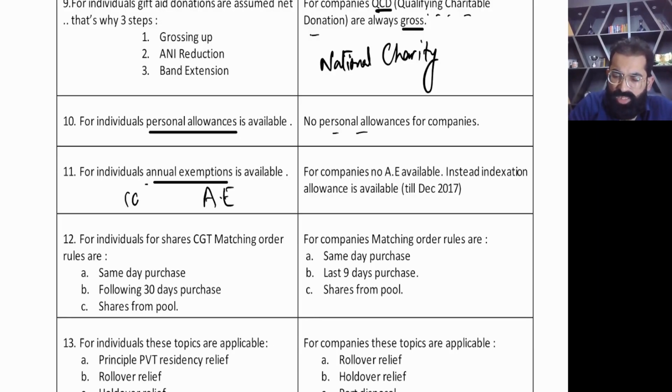But for companies, no annual exemptions are available. But yes, for companies they give you indexation allowance. Indexation allowance is always given till 31st December 2017. After 31st December 2017, no indexation allowance is available.